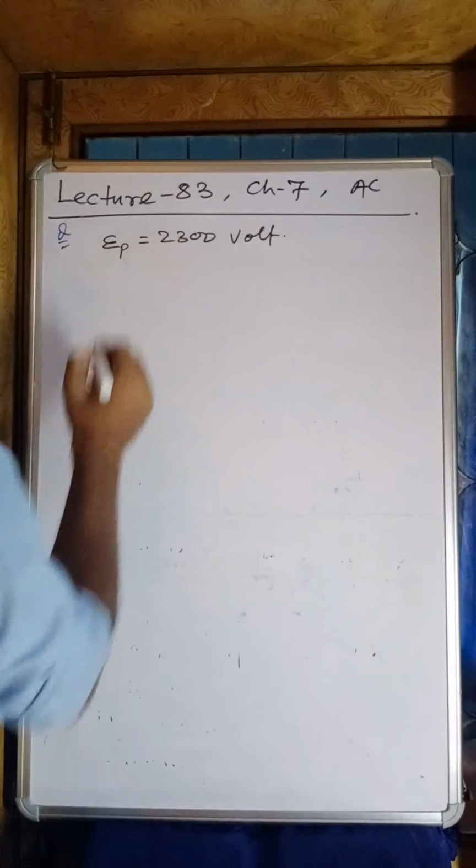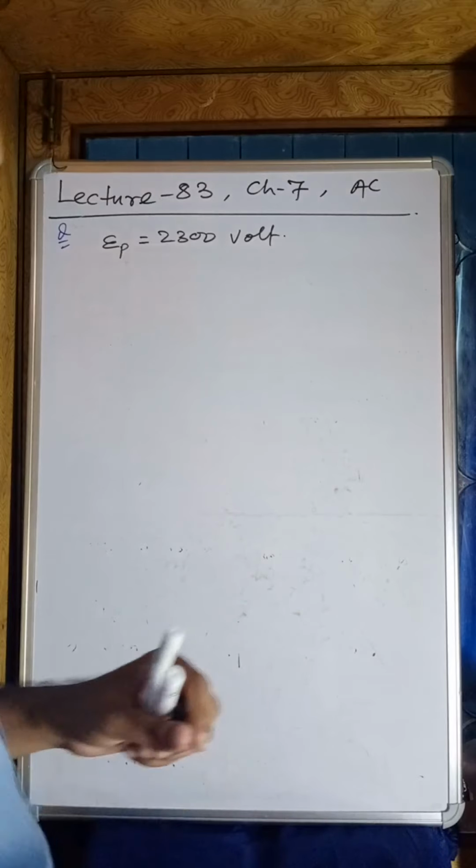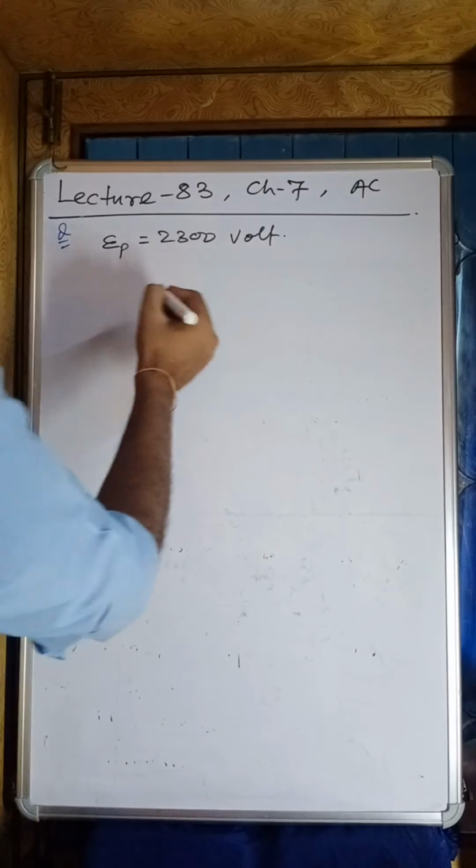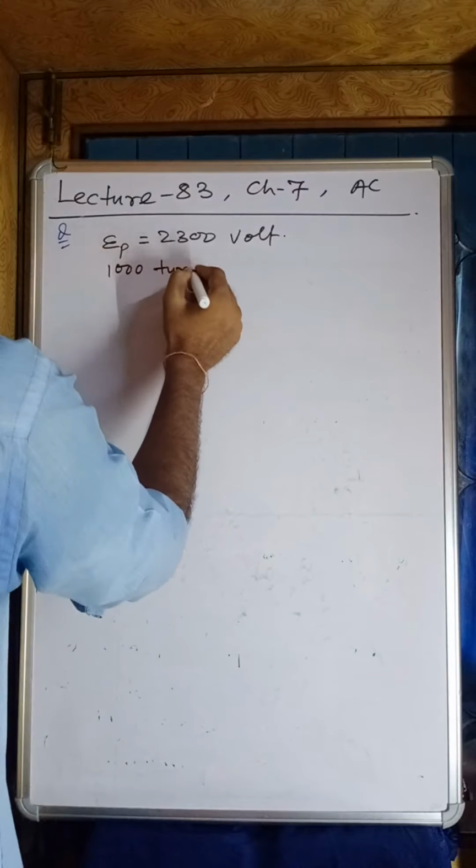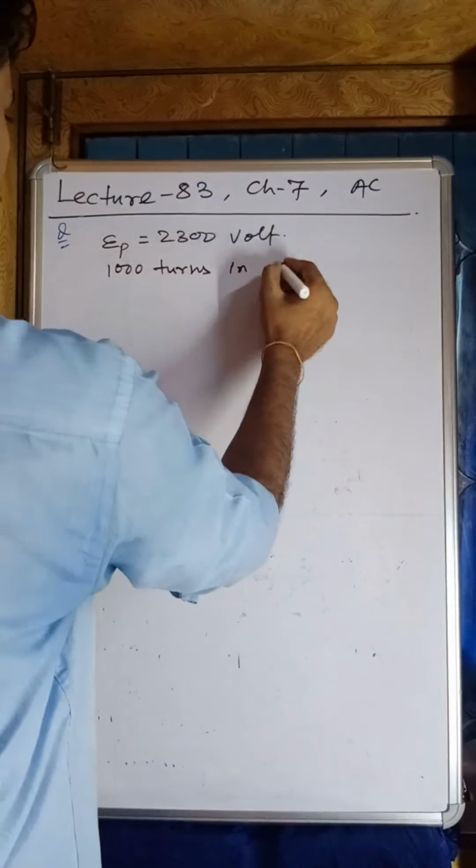Of course, this is the voltage you have to give at the primary coil. Am I right? Yes, it should be at the primary coil. With the number of turns in the primary coil as 1000 turns, 1000 turns in 4 layers.